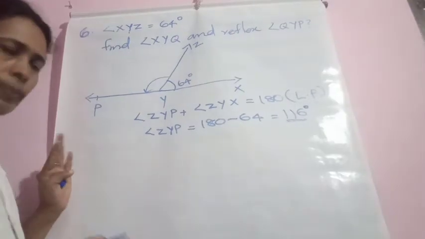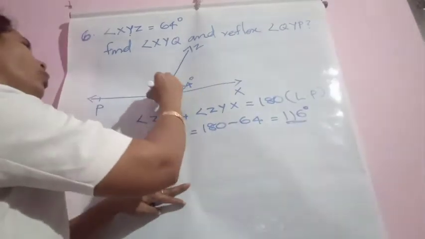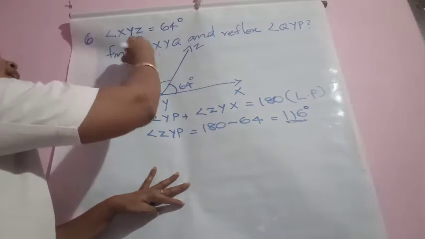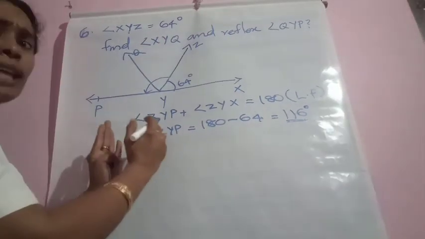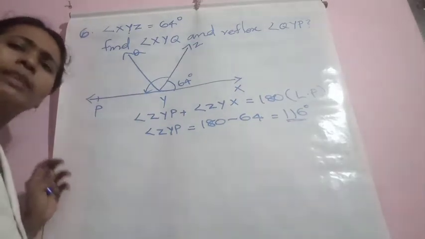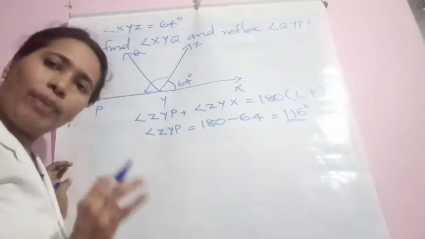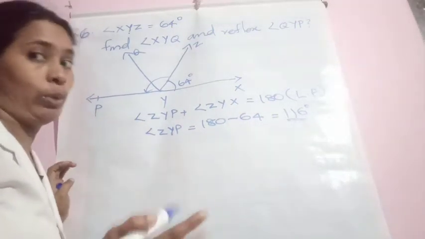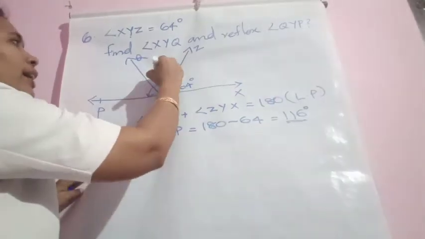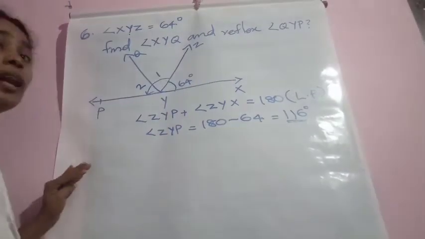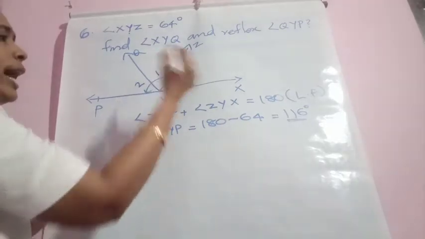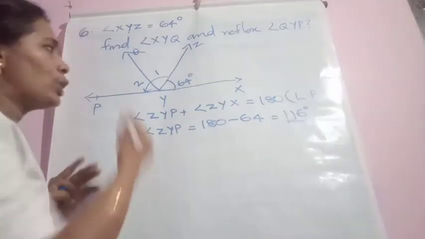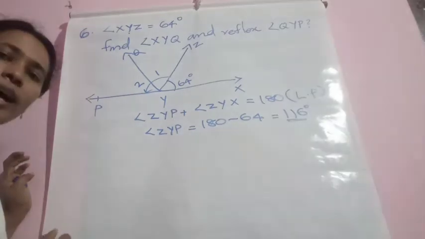Is it clear? Then they told us to draw a ray YQ in such a way that it is the exact bisector of the angle. What is meant by bisection? Dividing into two equal parts. That means that these two parts are equal parts. So total angle 116. So what is the measure of each part?